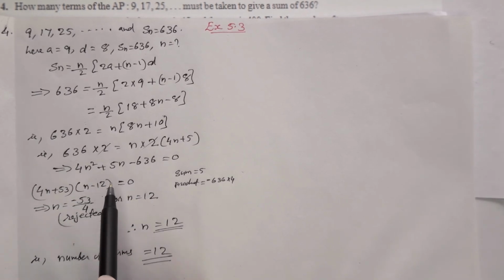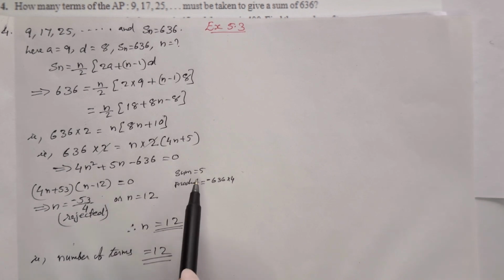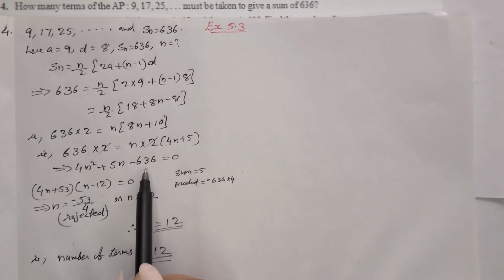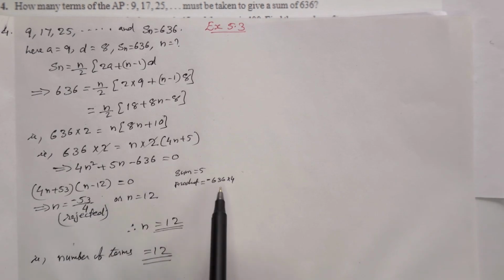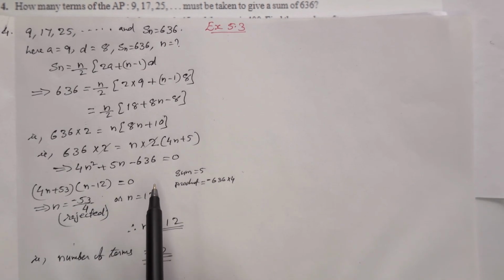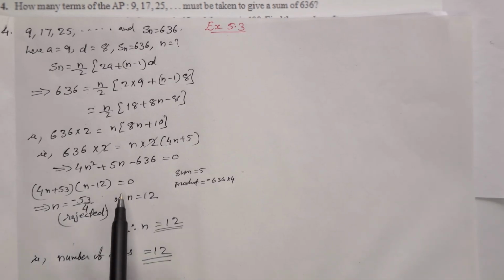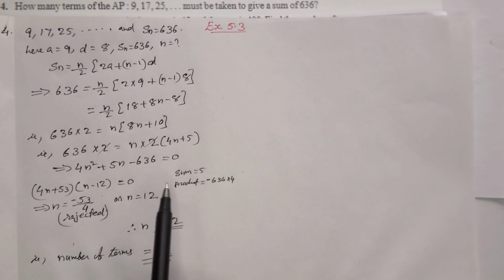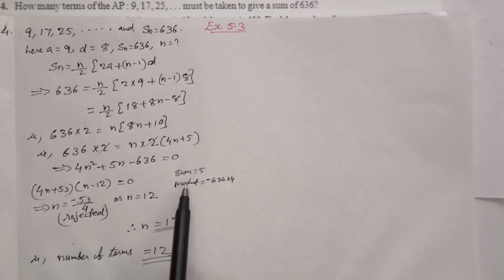Here if we go for the splitting the middle term factorization method, the sum is equal to 5 and the product will come 4 into minus 636, a big number. Otherwise by using the quadratic formula, we will get the value. Anyway you can solve using the quadratic formula or by factorization method.